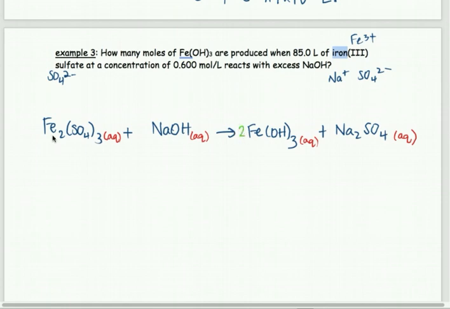So there's 2 irons here, 2 there. I have 3 sulfates here, so I'll put a 3 in front here. Remember the polyatomics, take it as a bunch. So there's 3 sulfates, so now I put a 3 here. All right, sodium, now I have 6, so I'll put a 6 here. That leaves hydroxide. There's 6 hydroxides now. Yep, 6 hydroxides, so we're nice and balanced here.